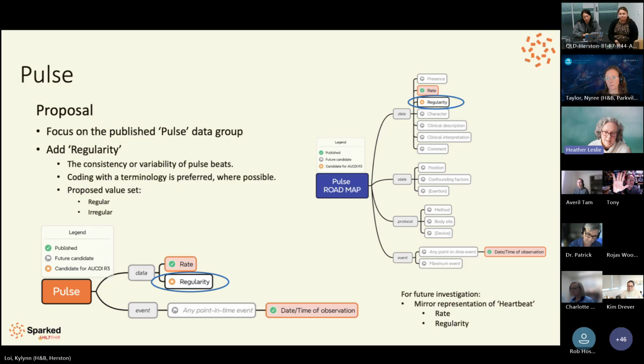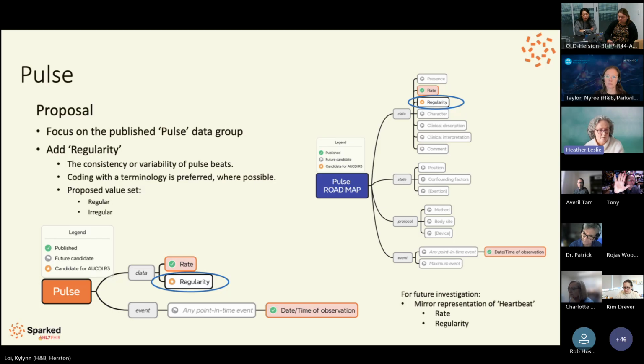The notion of irregularly irregular and regularly irregular is valid, and it is something that we did discuss, and it can be an extra data element that could be added. It's tricky whether we add it as a single value set and allow people to pick any of that, like in that chart where you've got, well, you don't want the fetal heart one in this one, but having regular and then the three variations in blue that are related to irregular is tricky.